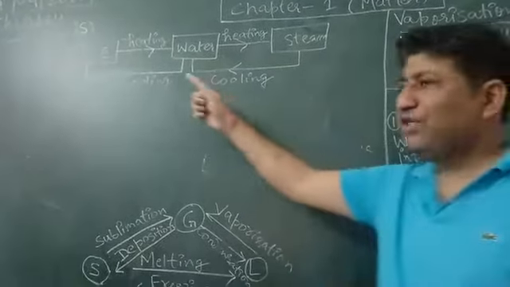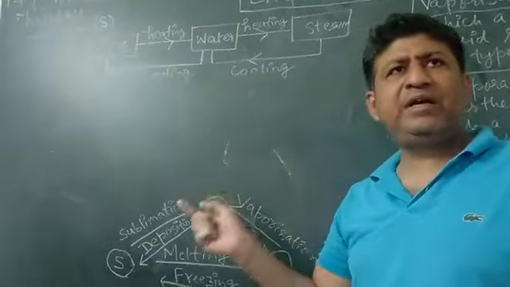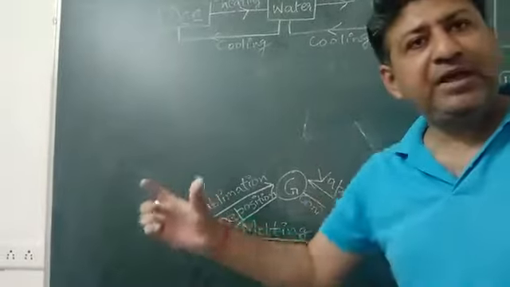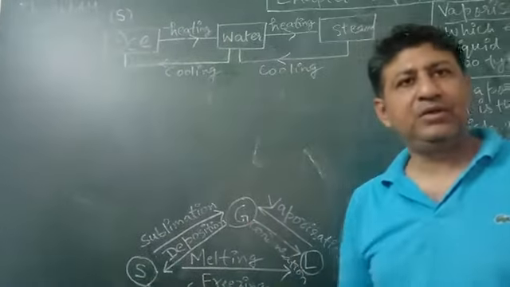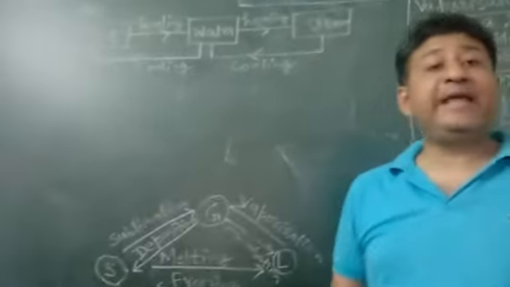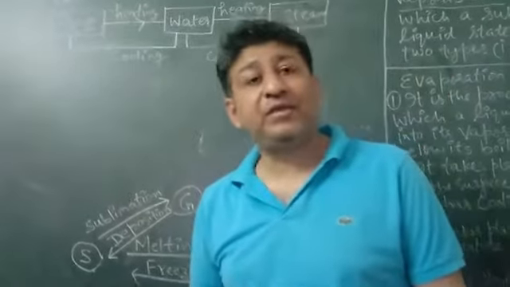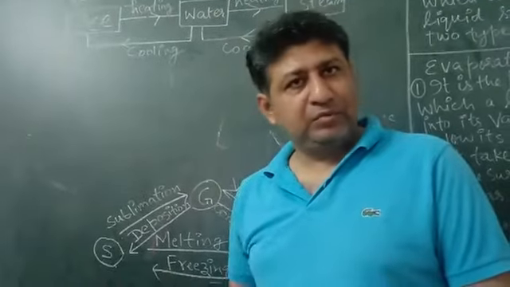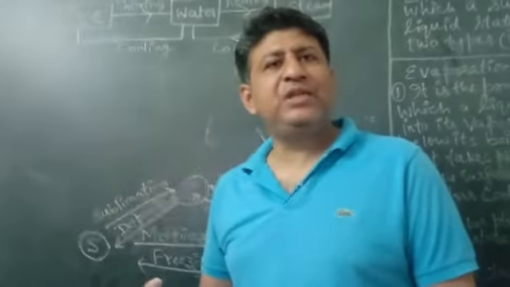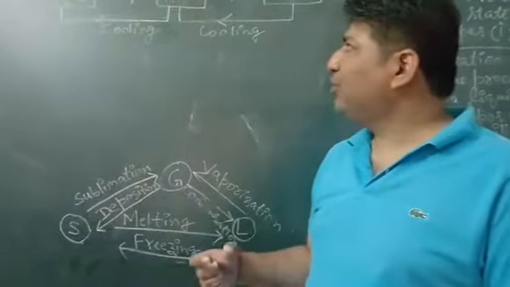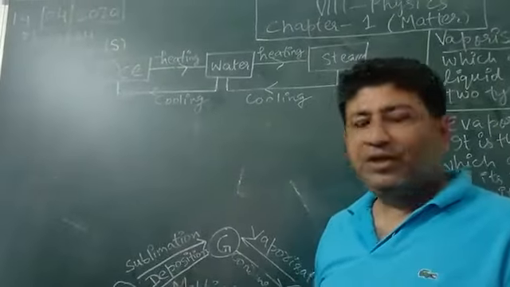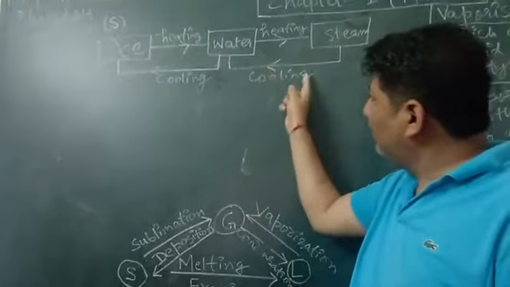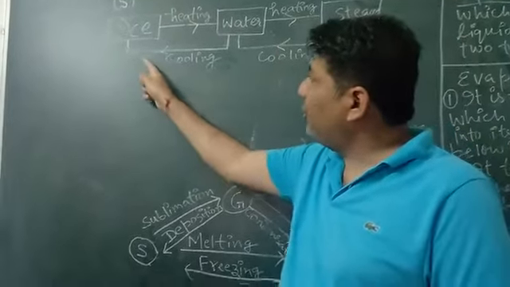this change of state, you must have read in 6th or 7th as well, is reversible in nature. Therefore, it is categorized as a physical change. Remember, a physical change is a change which is reversible in nature. If we reverse the conditions, we get back to the initial state.